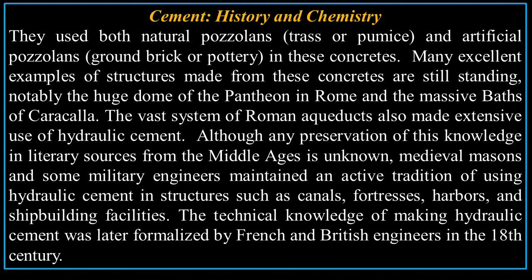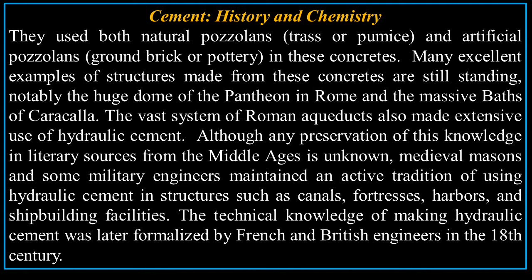Many excellent examples of structures made from these concretes are still standing, notably the huge dome of the Pantheon in Rome and the massive baths of Caracalla. The vast system of Roman aqueducts also made extensive use of hydraulic cements.